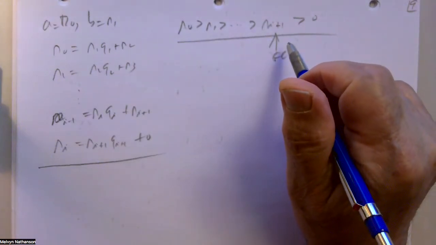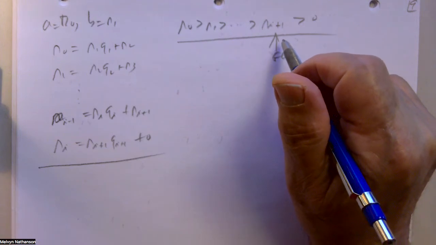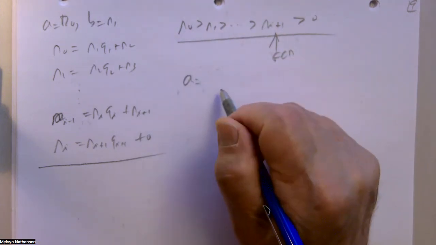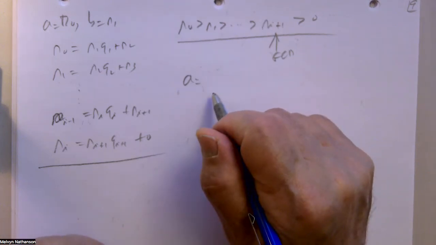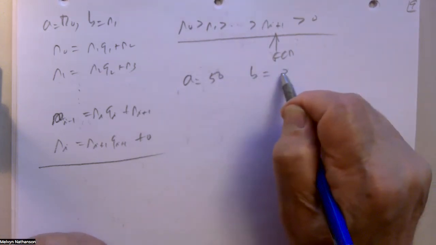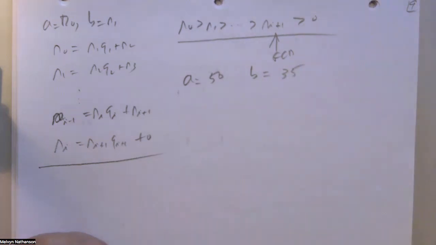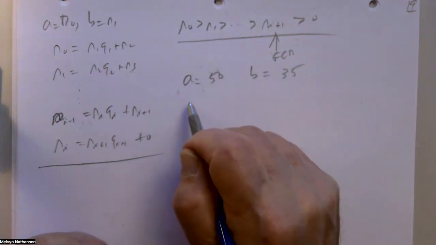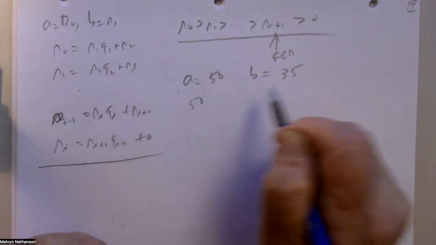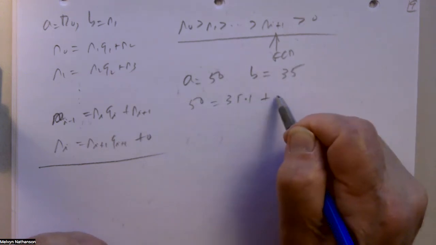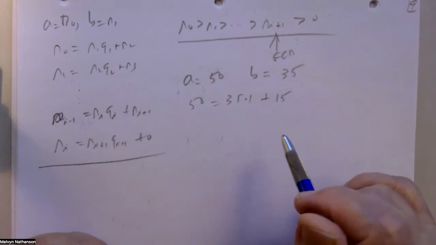Let's take a simple example. Suppose I take A to be 50 and B to be 35. So I take 50, divide it by 35, I get a quotient of 1, and a remainder of 15.